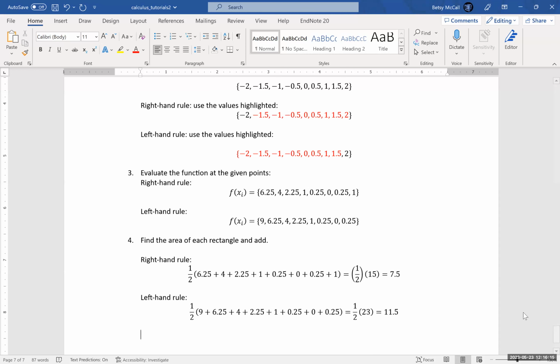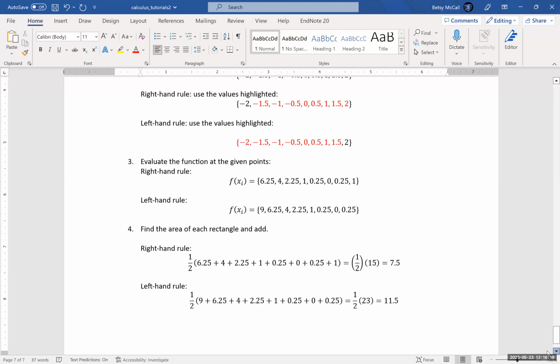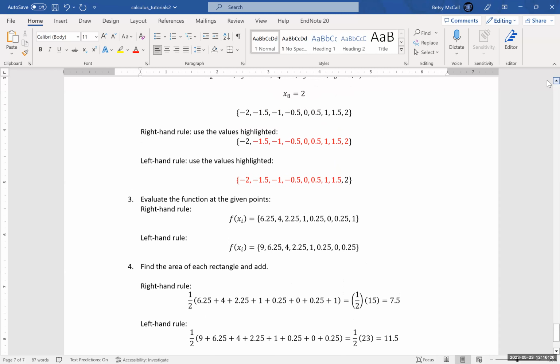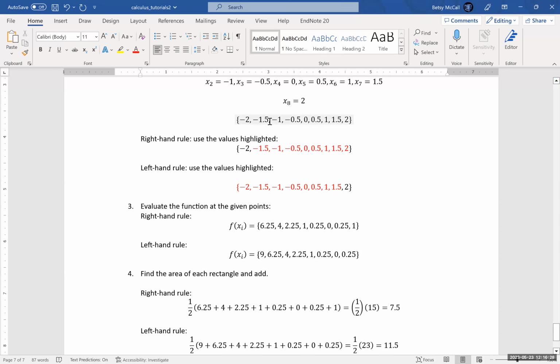Now, to talk about the midpoint rule very briefly, what happens when we find our list of values x_i for the right or the left-hand rule, those are bounding the interval on either side. And we need to find the midpoint of those values.